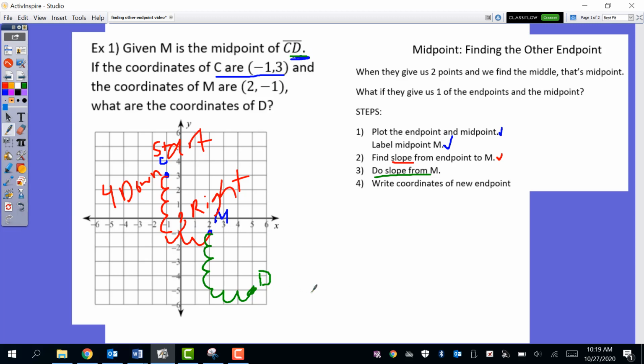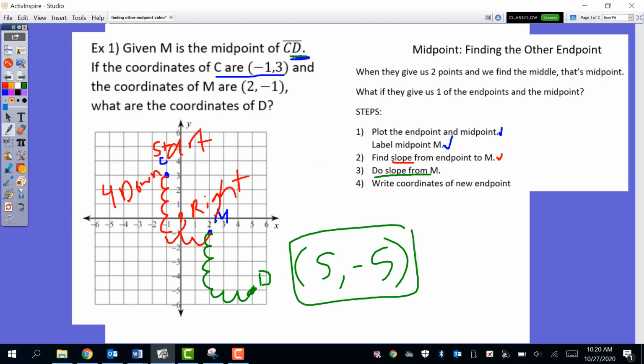And what are the coordinates of this point? They are 5, -5. Okay? So it's just like when we're graphing a line and we start at the y-intercept and we count to the first point. To get another point, you count again. That's the same thing we just did. So this is my answer.